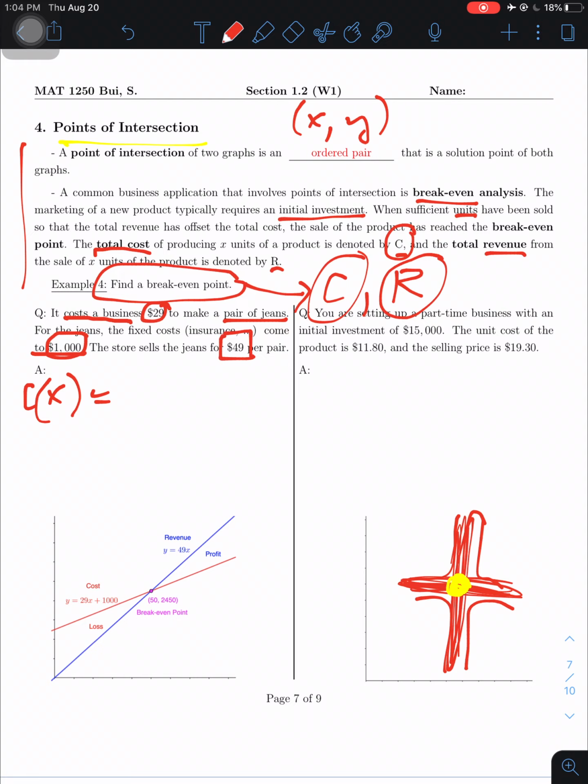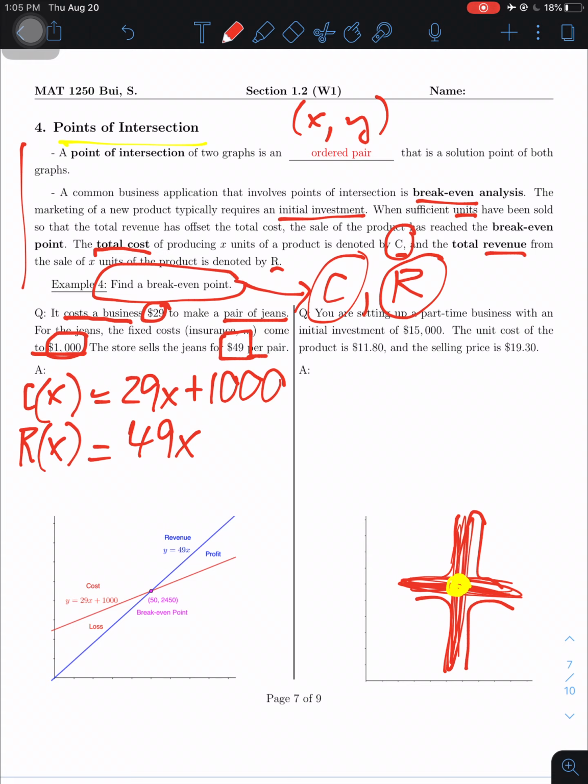So it's per pair of jeans. That means you're going to have 29x. And the fixed cost in here is $1,000, so it's going to be plus $1,000. Okay, and the revenue is how much you get for selling a pair of jeans. And in here, since it has the word per, it's going to look like 49x.